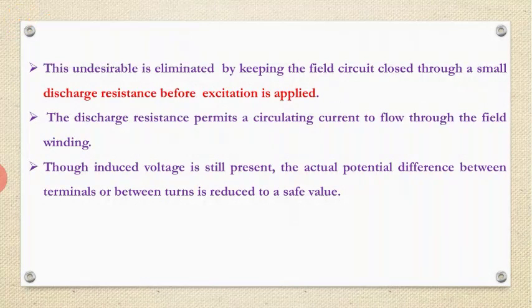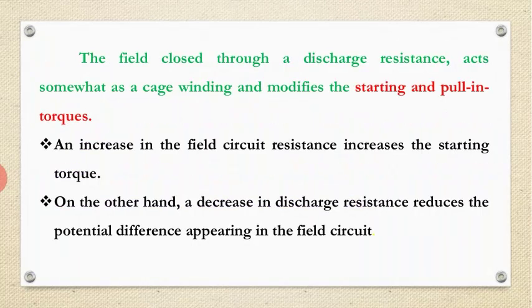Okay, so this we need to do. The field closed through a discharge resistance acts somewhat as a cage winding and modifies the starting and pull-in torques. Any increase in the field circuit resistance increases the starting torque. It is nothing but adding some resistance to the rotor, so the starting torque increases.